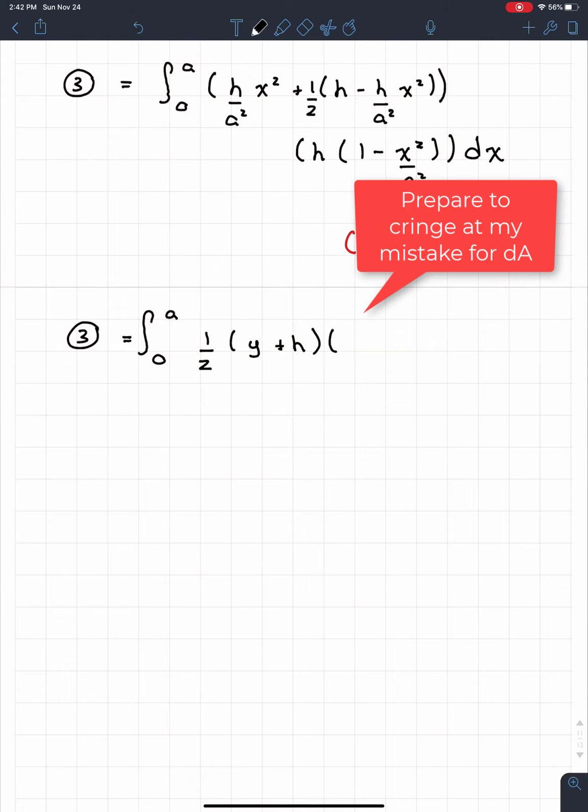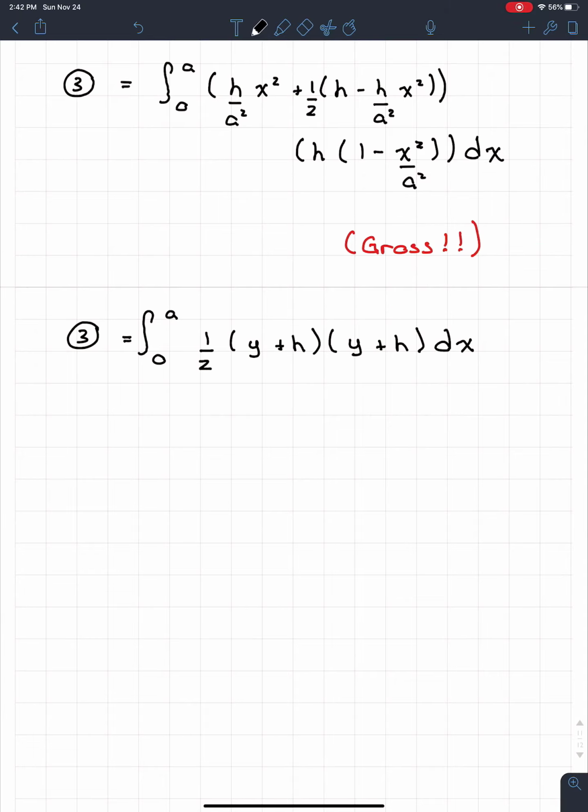And then dA is equal to y plus h dx. So this is how things start to become a little bit nicer, but it's not the best. It still kind of sucks. But it is what it is right now.